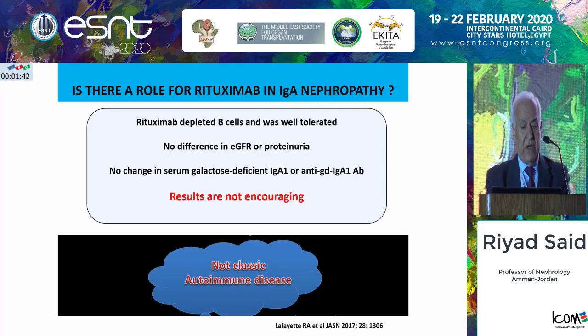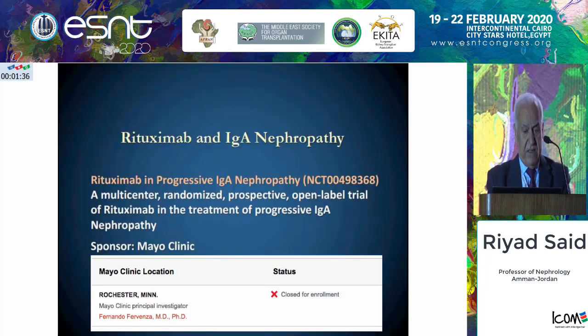Results are not encouraging, and they concluded that IgA nephropathy is not really a classic immune disease. Currently, there is a study at Mayo Clinic, a multicenter randomized prospective open-label trial, but this study has been closed. The results are not available so far.